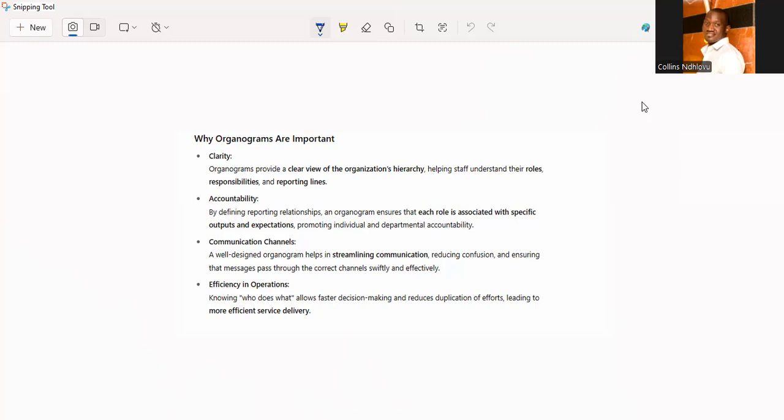Also it talks about the communication channels. A well-organized organogram will help in streamlining communication to reduce confusion, to ensure that the messages pass through the correct channels and that there's efficiency in operations of knowing who does what, and also allows for faster decision-making. It will allow a reduction in duplication of efforts and will lead to efficient work. Organograms are important.